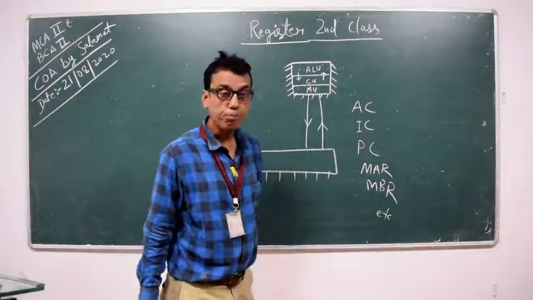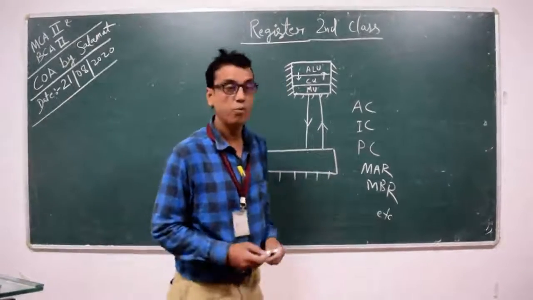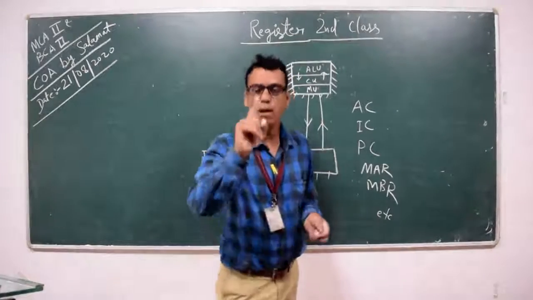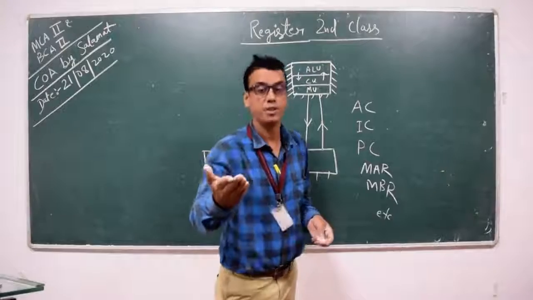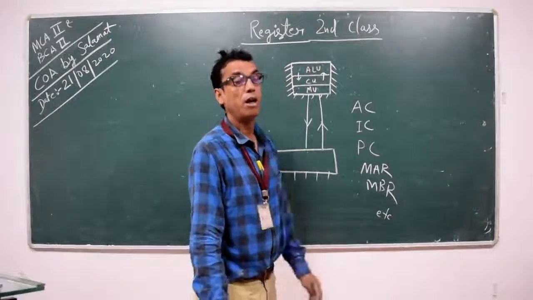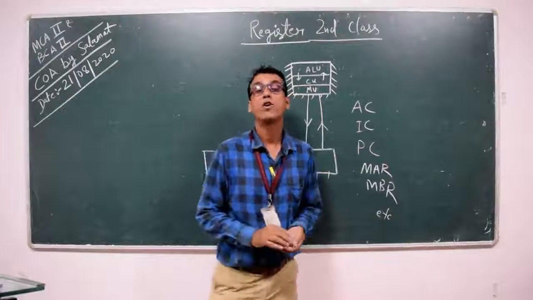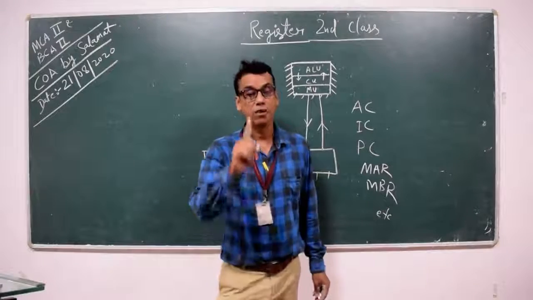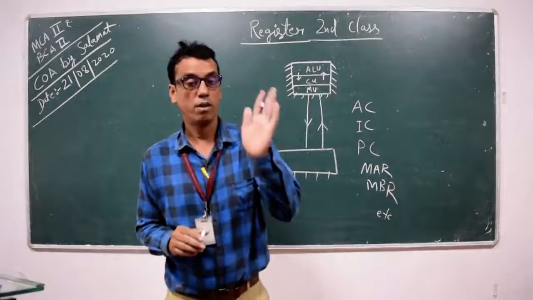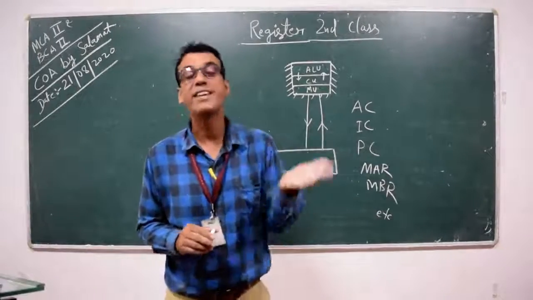Now, apart from these registers, there are some 1-bit special registers, special purpose registers. Why are they known as 1-bit? Because the size of these registers is only 1 bit. Either it can store 1 or 0, binary digit 1 or 0.